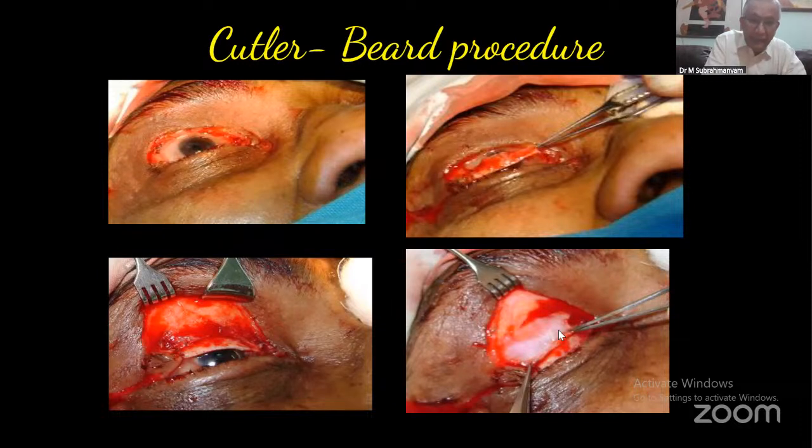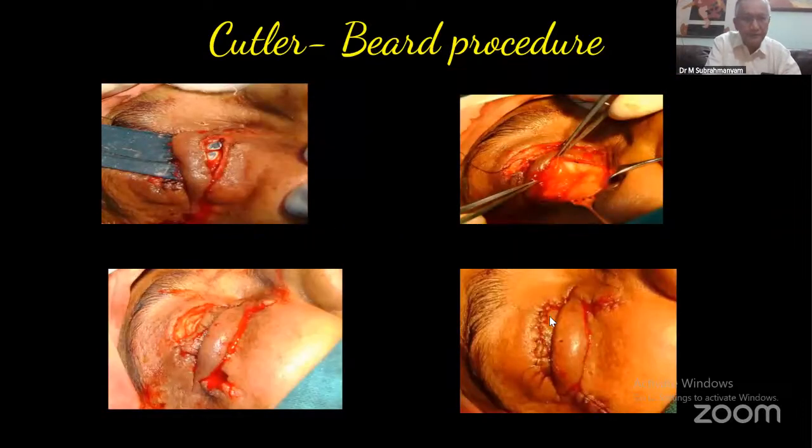Then I identify and mobilize the LPS muscle, as you can see here, which has been anchored to the anterior surface of the tarsus. That means with this, I have reconstructed the posterior lamella with the help of a free tarsal graft from the opposite upper lid with mobilization of the LPS and the conjunctiva with their own blood supply and anchoring them to the tarsus at the upper border and the anterior surface as has to be done.